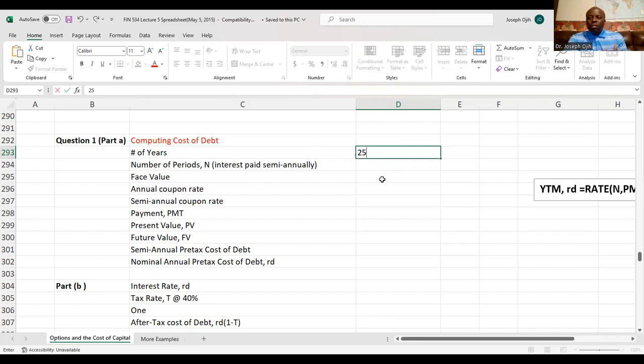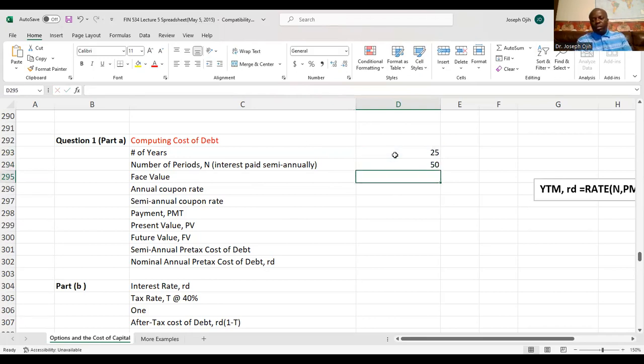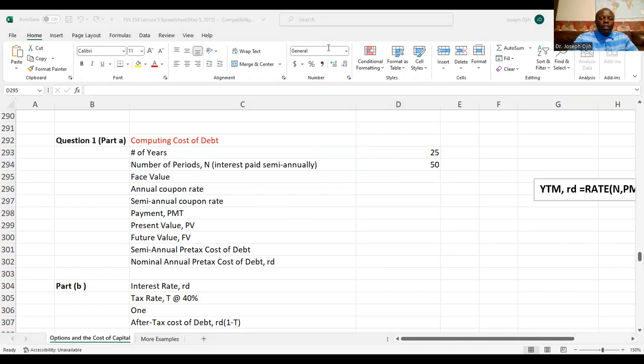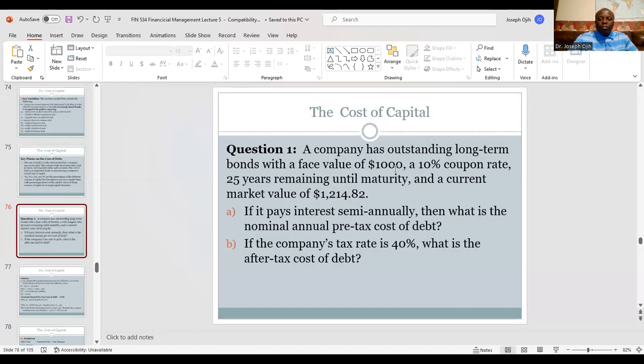Now, it pays the coupon semi-annually, which means twice a year. So the number of periods will equal 2 times 25. Remember, you use an asterisk for times in Excel. That means 50 payments, 50 periods. Now, the face value of the bond, according to the question, is $1,000.